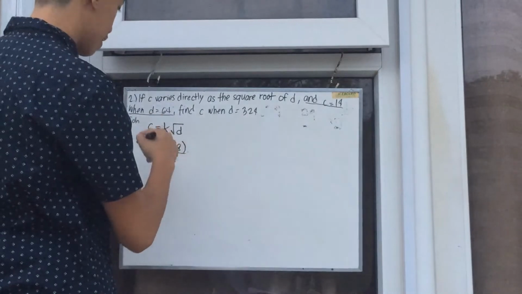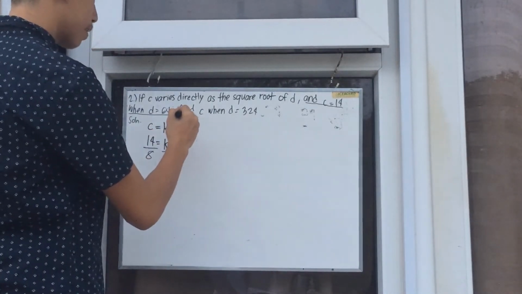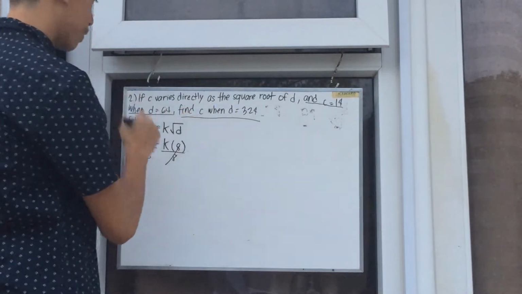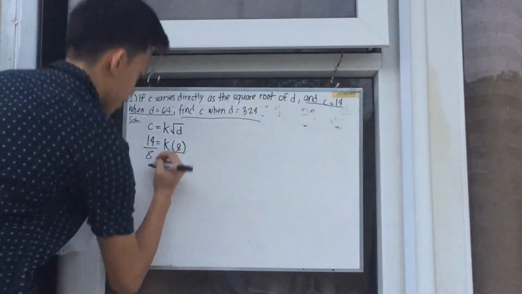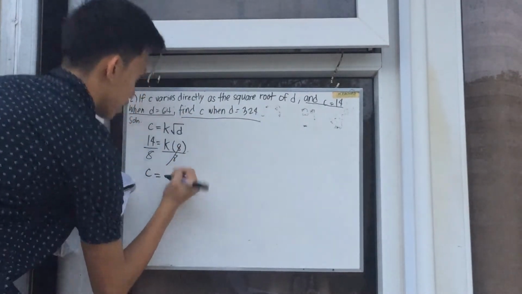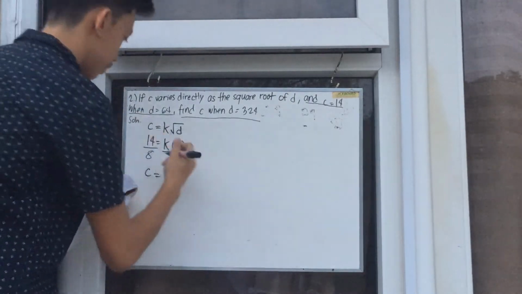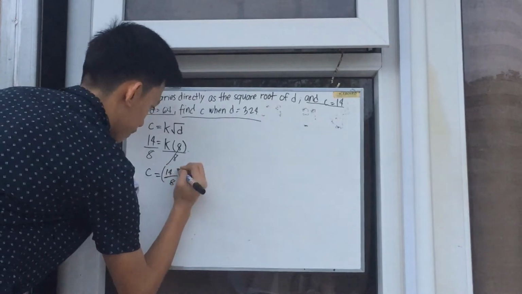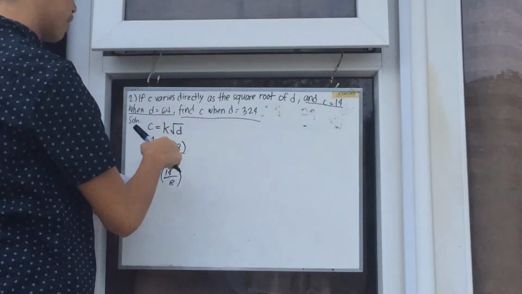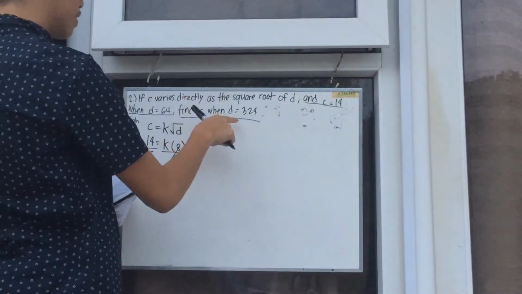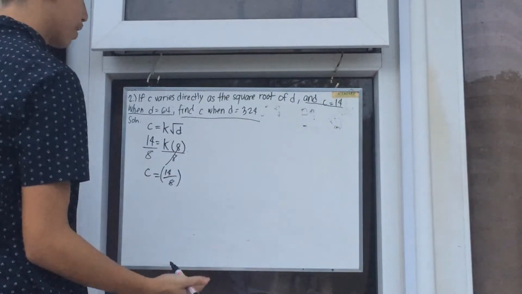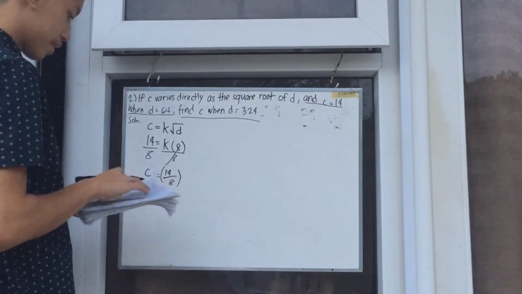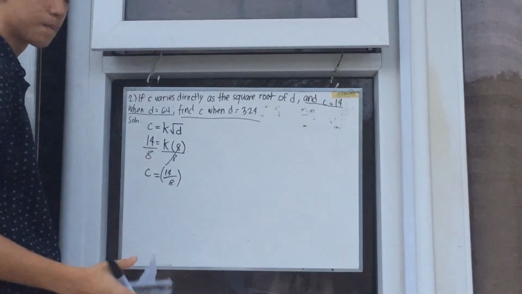Now we have our k, we'll move on to the second given to find c. We don't have our c, so we'll put c is equal to our k, 14 over 8, multiplied by the square root of d, which is 324. The square root of 324 is 18.